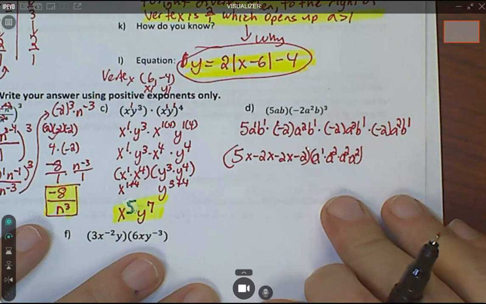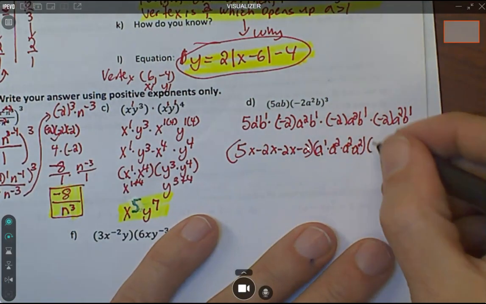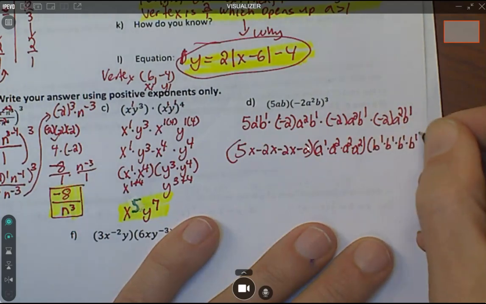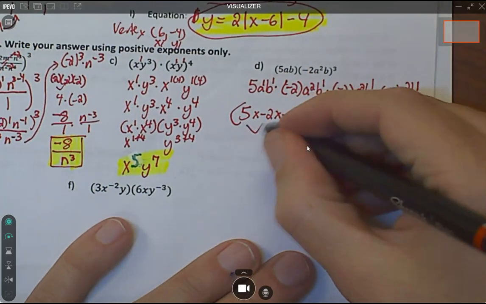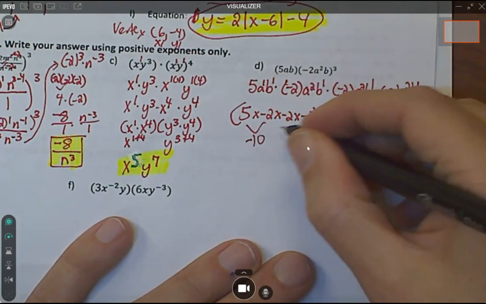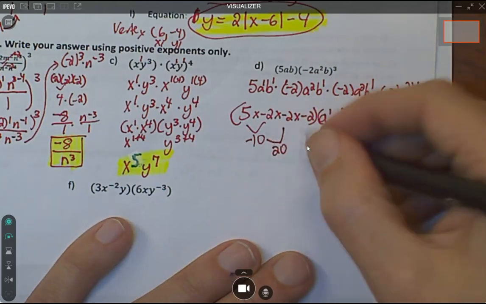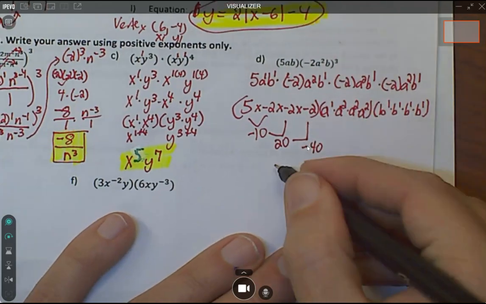Now I've got b to the first times b to the first times b to the first. Okay, I'm doing this the long way. So that's negative 10. Negative 10 times negative 2 is 20, times negative 2, negative 40.